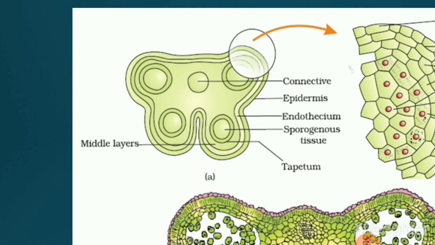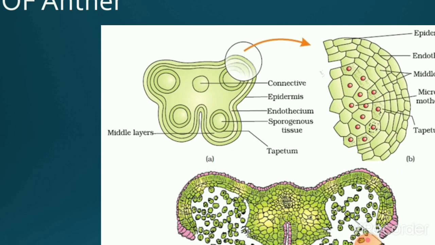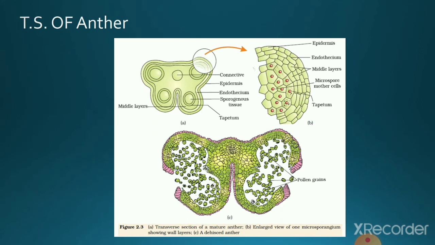Now, what is the bilobed condition? As you can see in the diagram, there are two lobes present in the anther, and these two lobes are connected with the connective, and each lobe is further divided into two chambers which are called the theca.